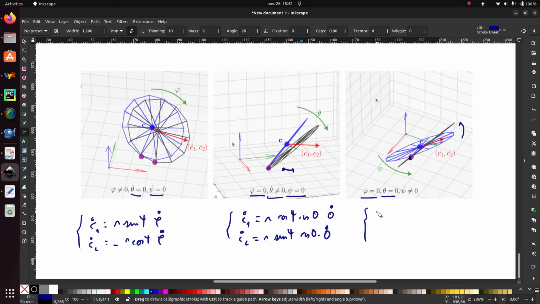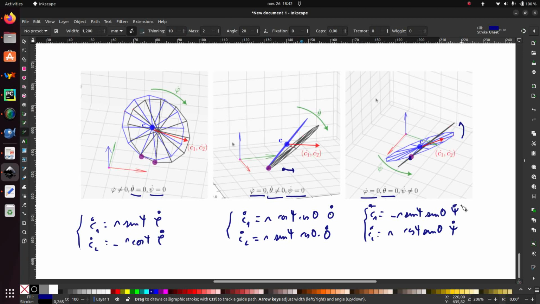So in this situation, I will have C dot 1 equal minus R sin psi sin theta psi dot, and C dot 2 equal R cos psi sin theta psi dot.